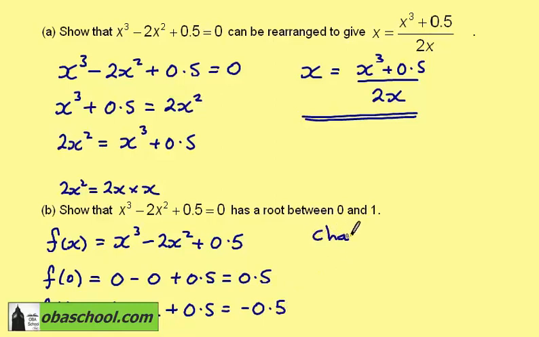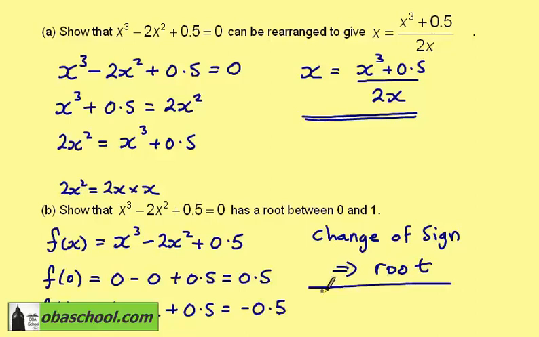So we have a change of sign, and we know that this implies there is a root in the interval 0, 1.